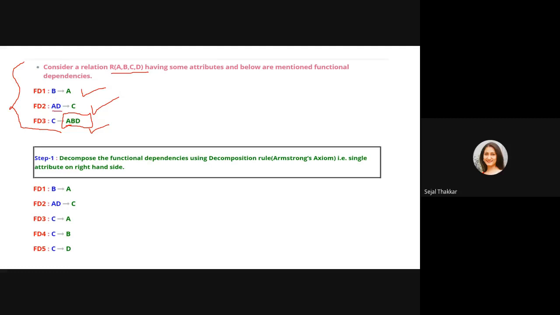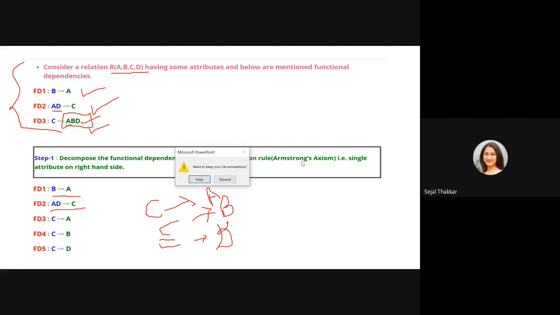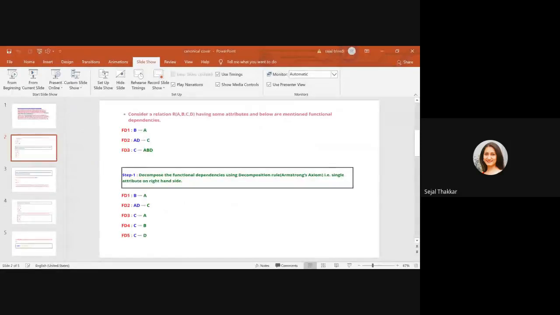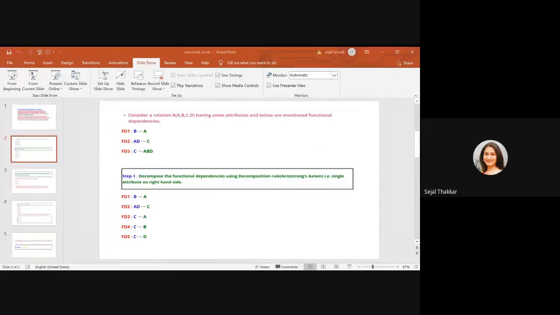So the first and second FDs I keep as they are: B tends to A, AD tends to C. As per the rule of decomposition, C tends to ABD is decomposed into C tends to A, C tends to B, and C tends to D. You can see here I have decomposed all three FDs.